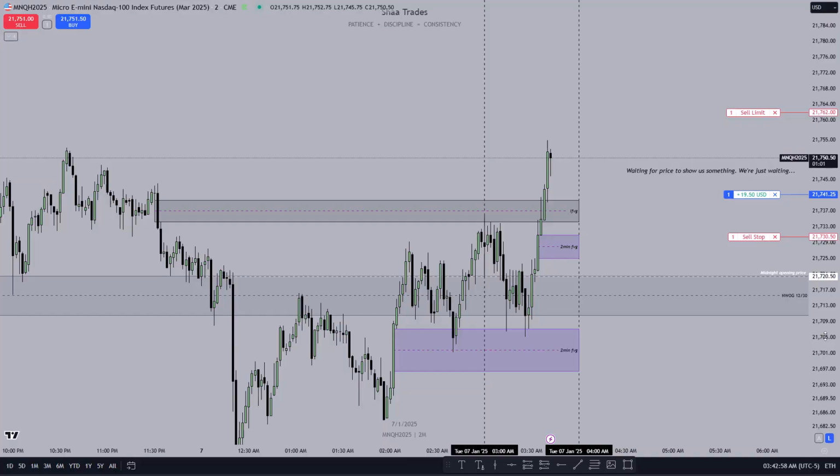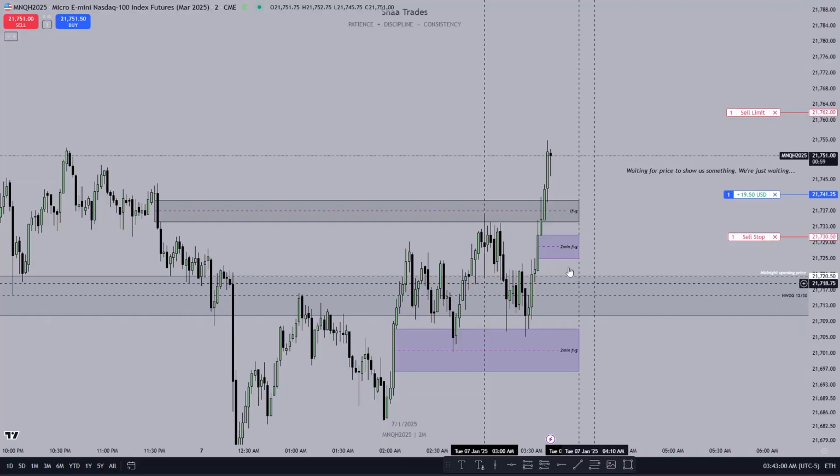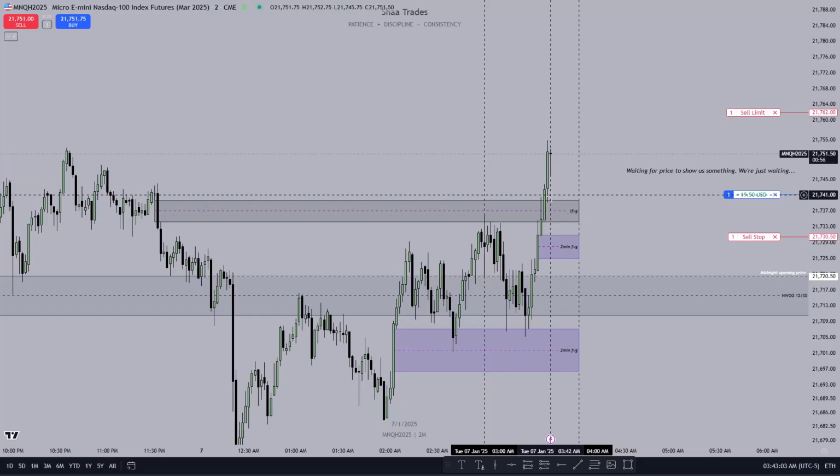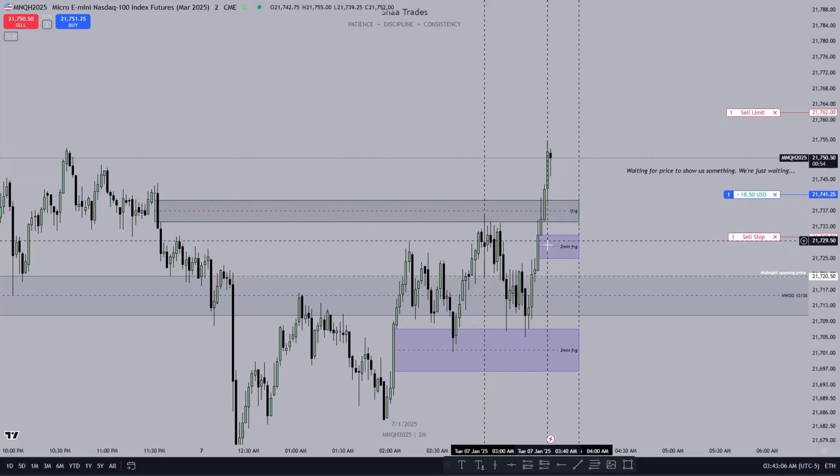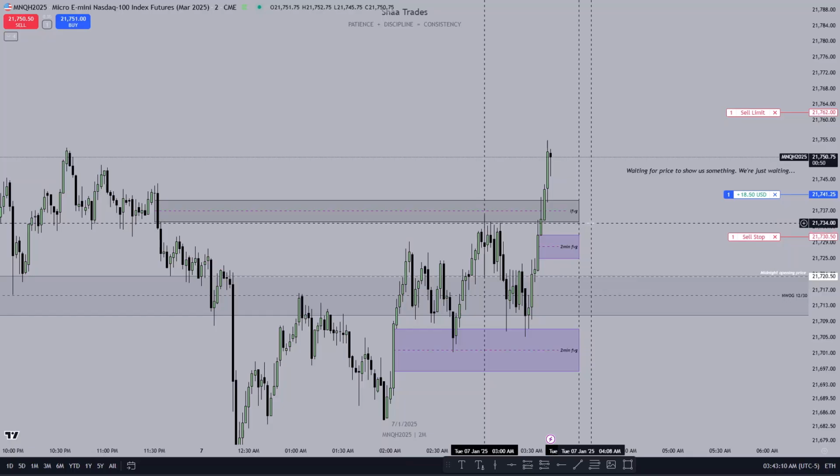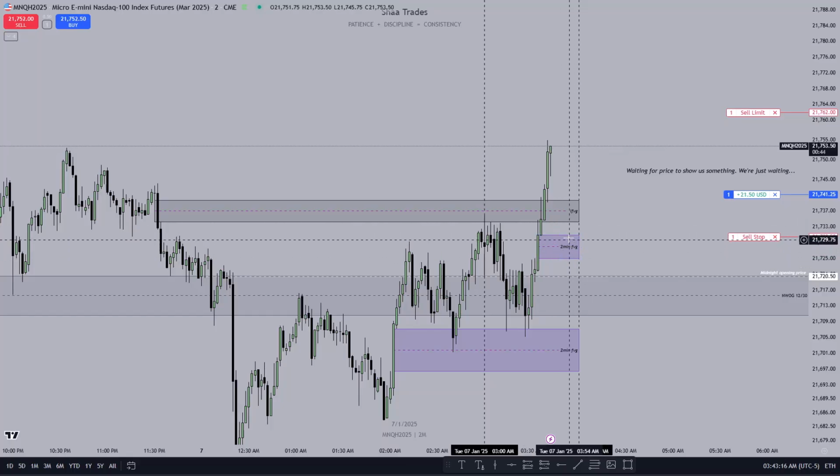So one other thing. You see how price is all the way up here? I don't want to see price come back down here. If it comes back down here, you know what my stop loss should be? Under this fair value gap, to be honest, because you don't want to see price come down here.